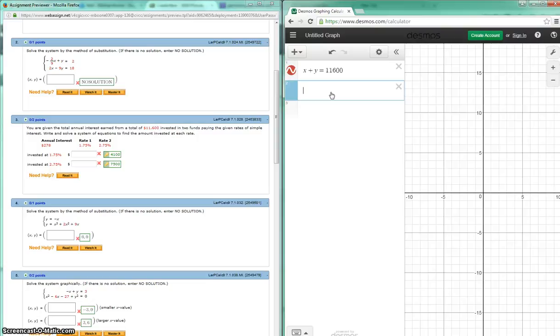The next one that I have is talking about how much interest I make. And so in that first account, I make 1.75%, so 0.0175 is my interest, and I would multiply that by how much I put in that account. Plus, I get additional interest from that second account.